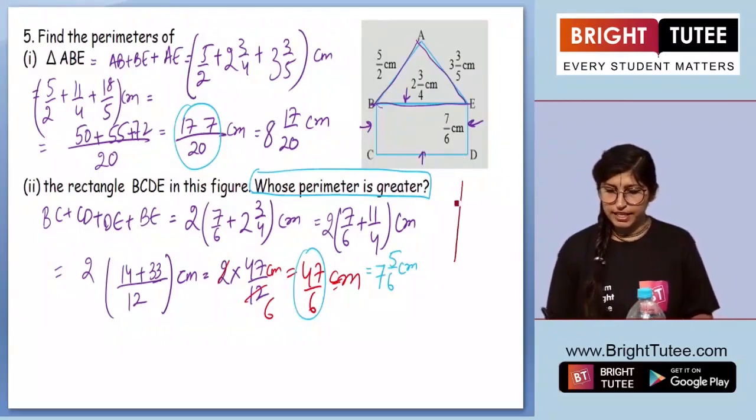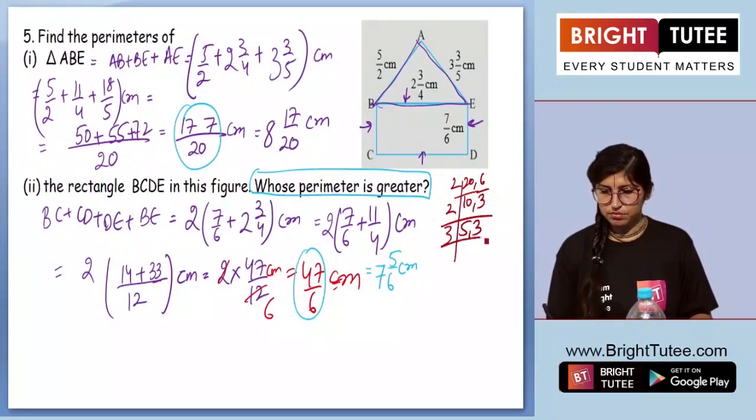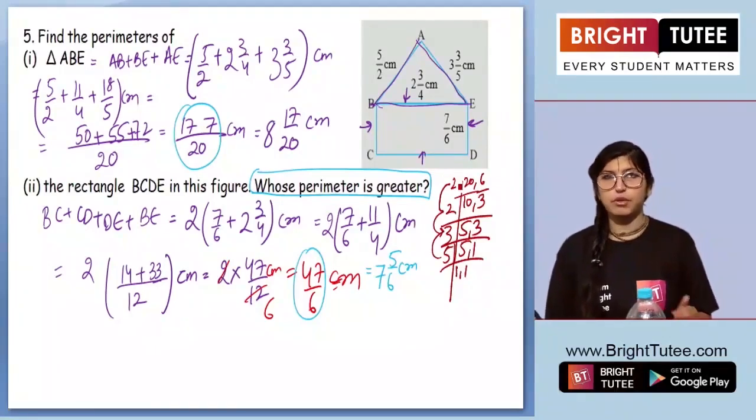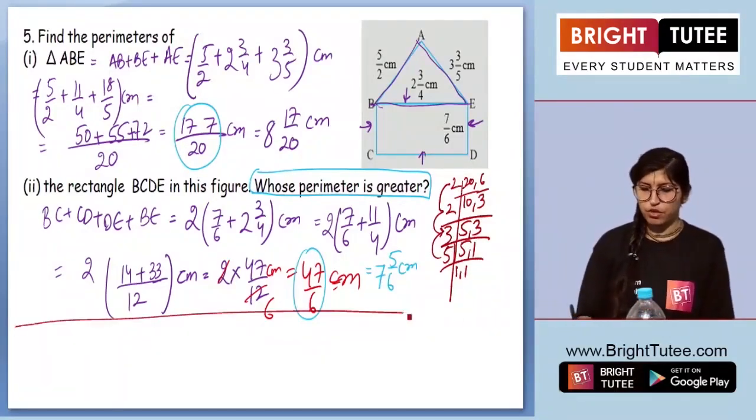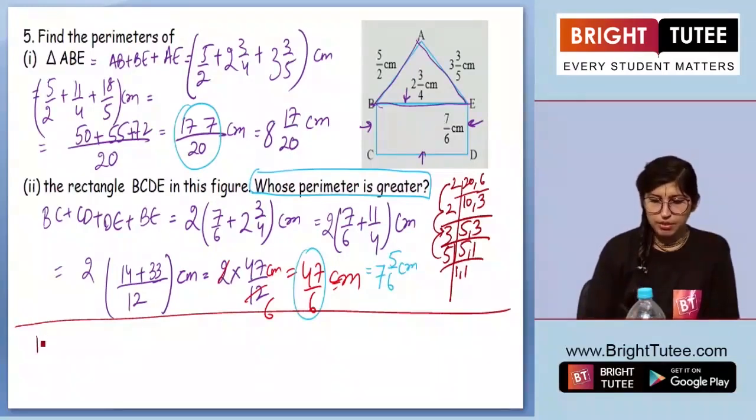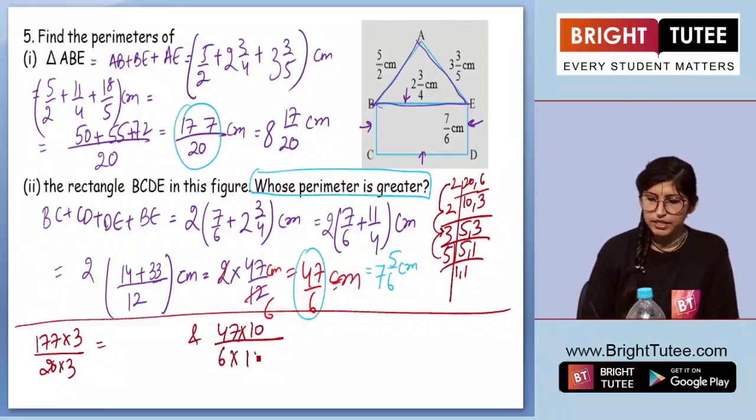So if I take the LCM of 20 and 6, we'll be getting 5 twos are 10, 10 threes are 30, 30 twos are 60. So 60 will be the LCM of both. So we'll be getting 177 times 3, then only we'll be getting 60, and 47 times 10, then only we can get 60.